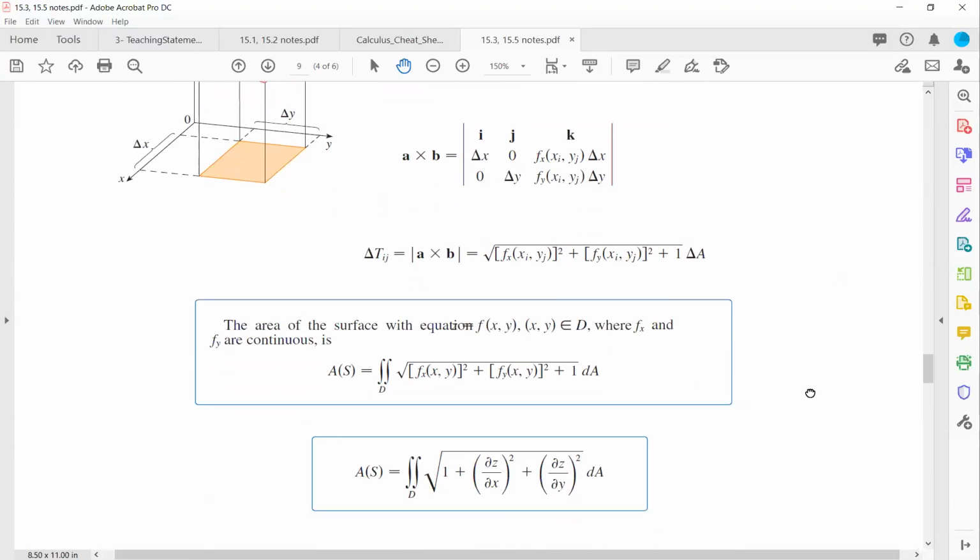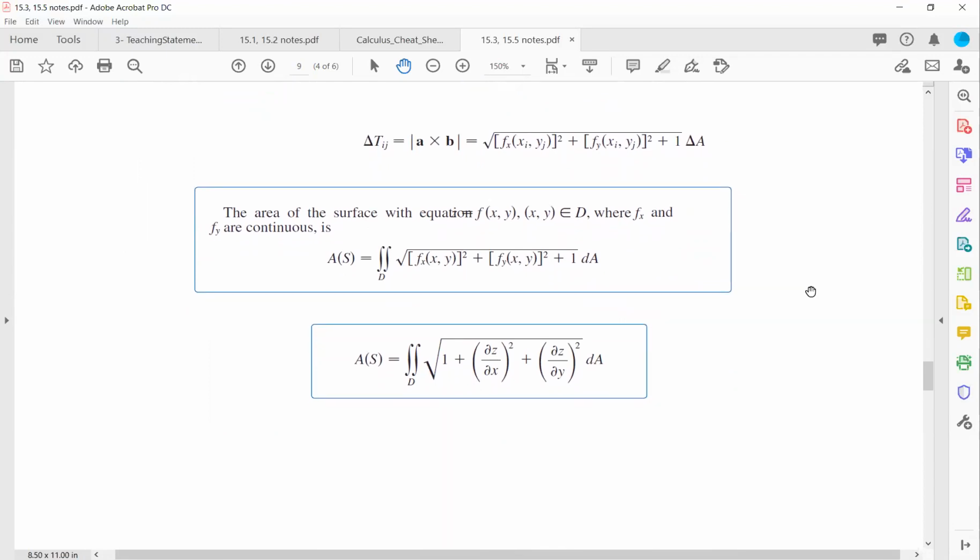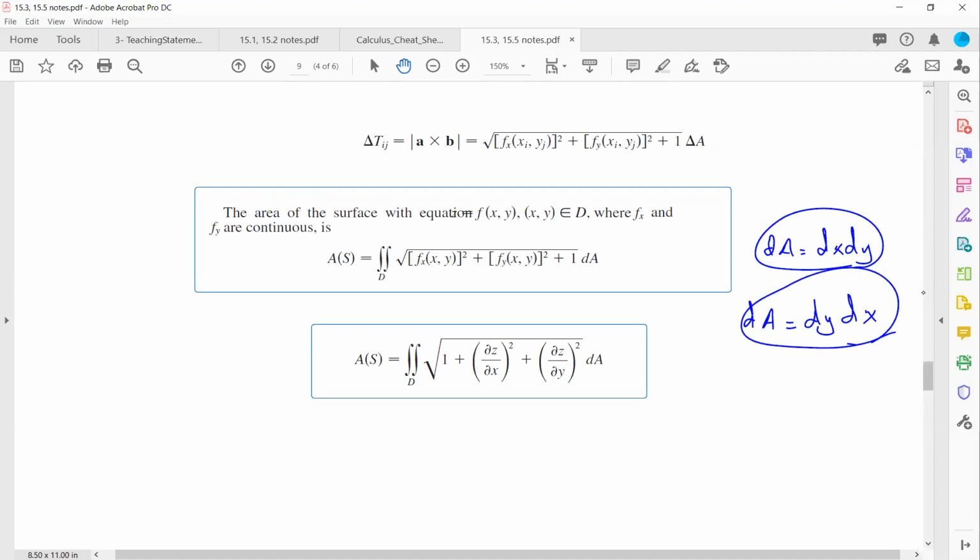The surface area is defined as the double integral of the square root of the partial derivative of f with respect to x, raised to 2, plus the partial derivative of f with respect to y, raised to 2, plus 1, times dA. Again, your dA is either dx dy, or dy dx. That's how we define surface area.